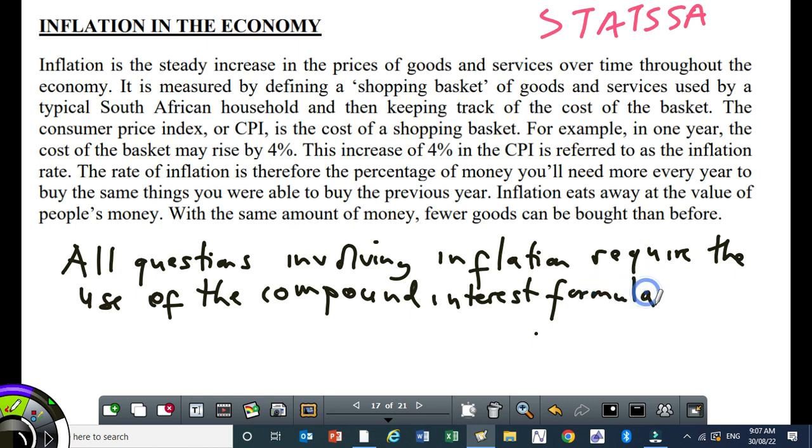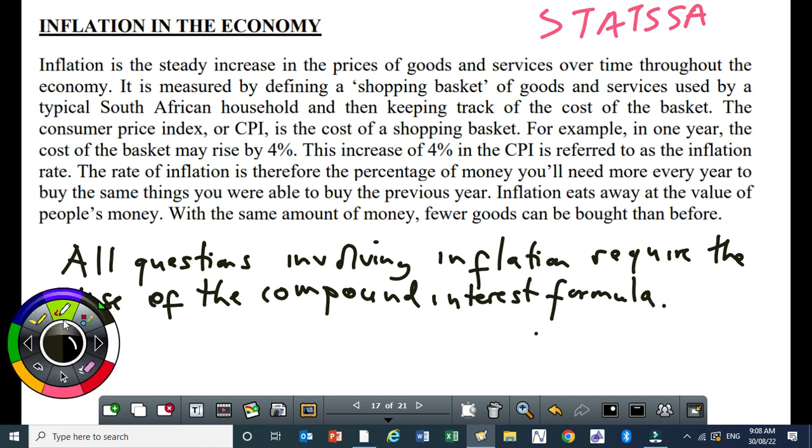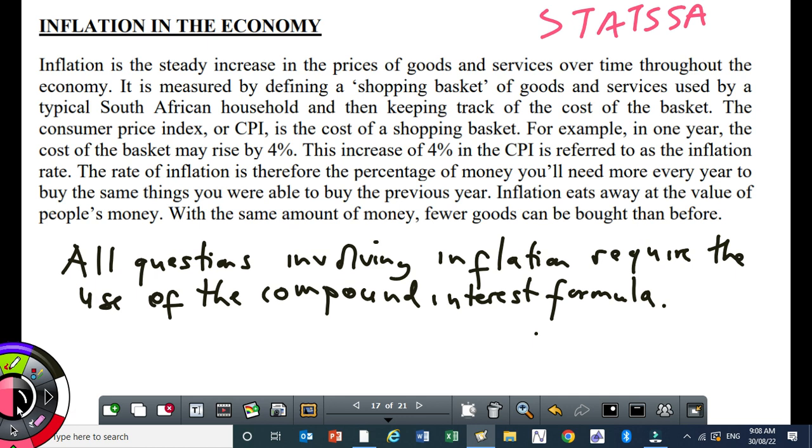So if you see any question on inflation, you have to use the compound interest formula. We don't use the simple interest formula in all calculations involving inflation.